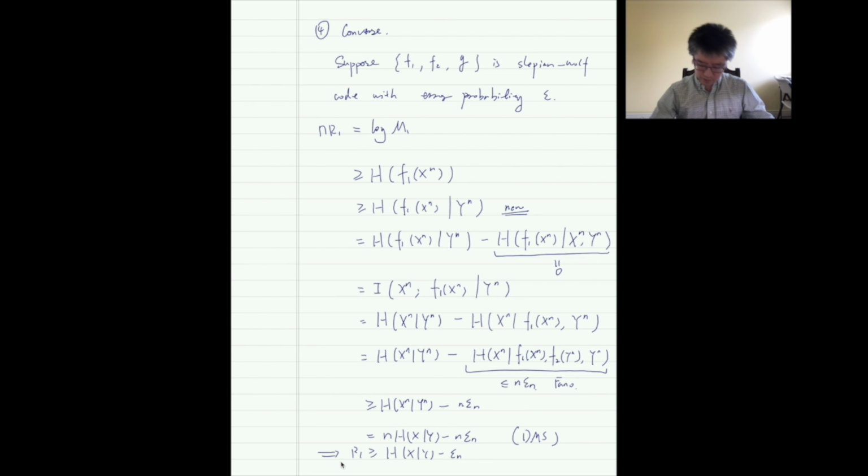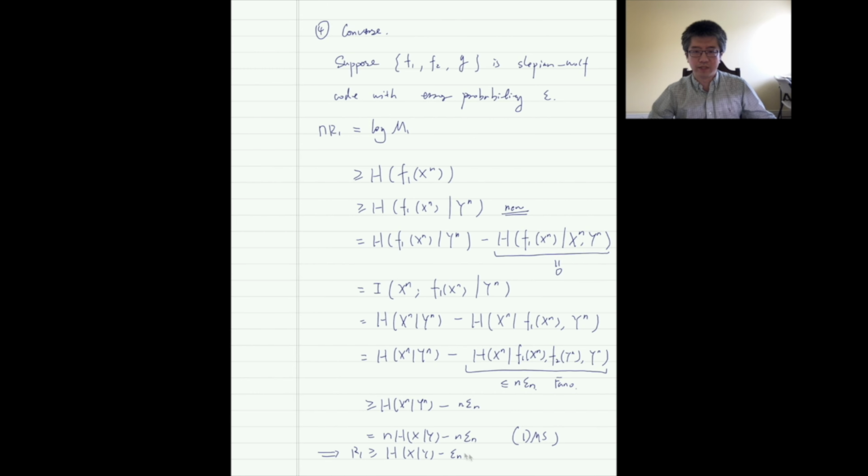Okay, and this is the first inequality, and similarly we can show that R2 is bigger than or equal to H(Y given X) minus epsilon_n as well, right? You can see this should have the exact same form.